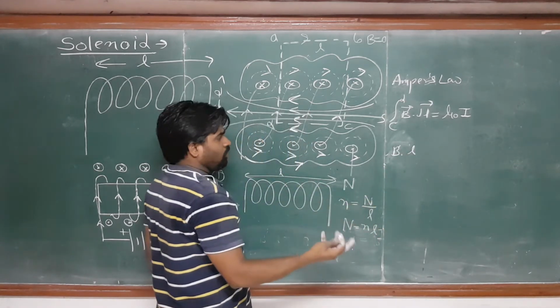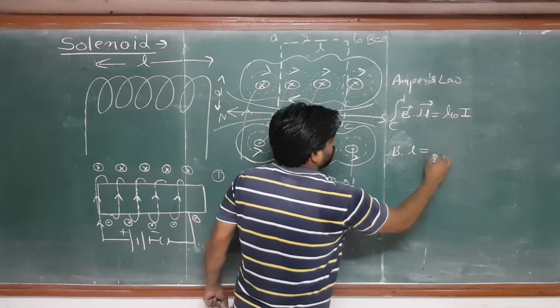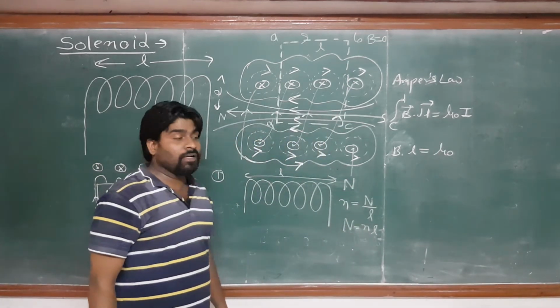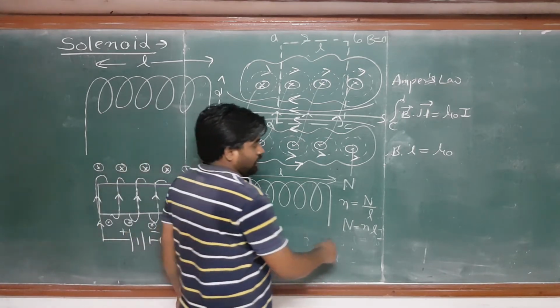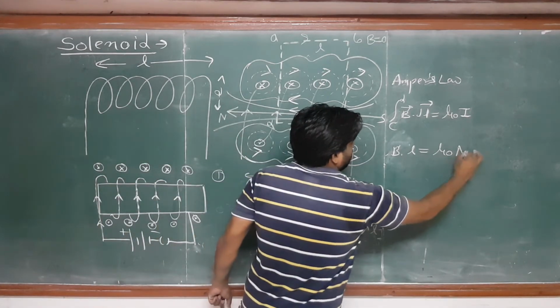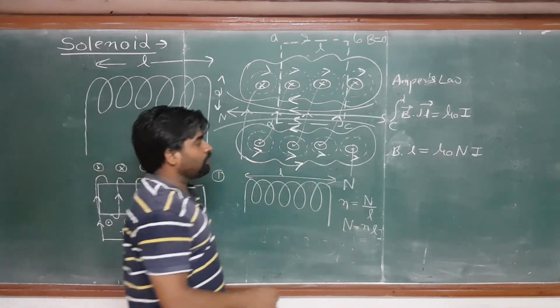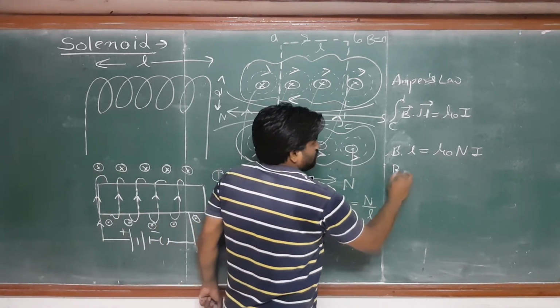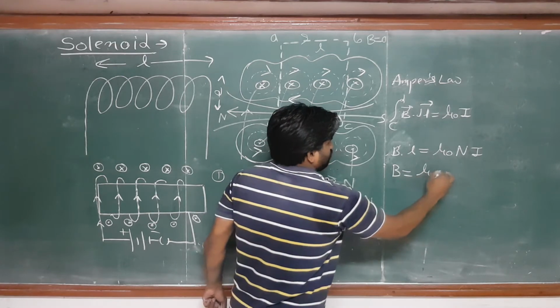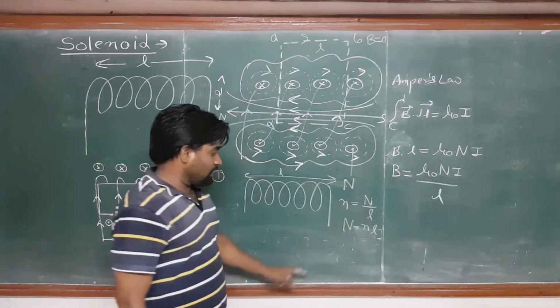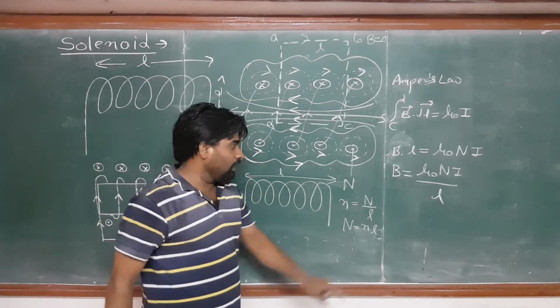The cos 0 is 1, then B times L is equal to mu naught times the current, where capital N is the total number of turns of the loop. So B is equal to mu 0 N I by L, and this capital N has the value small n times L.